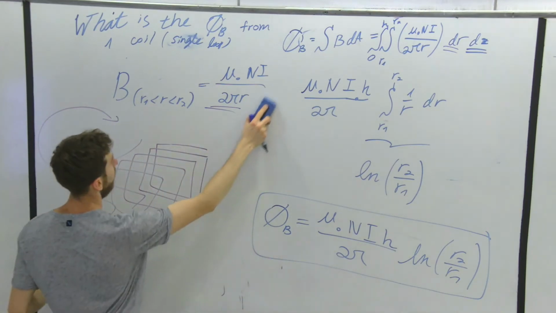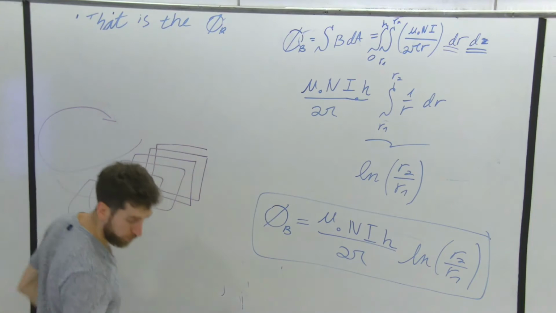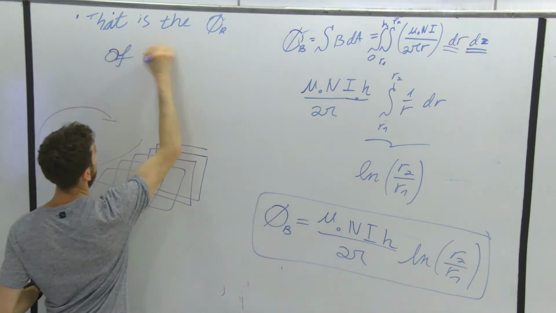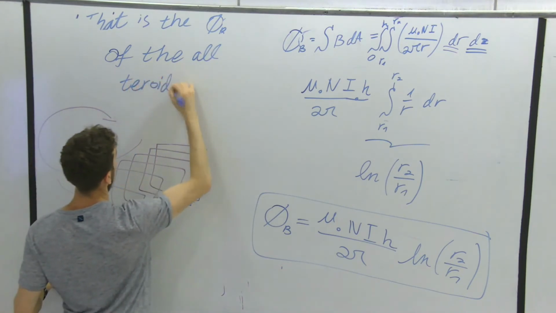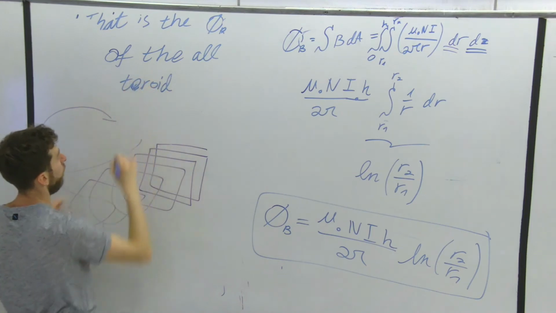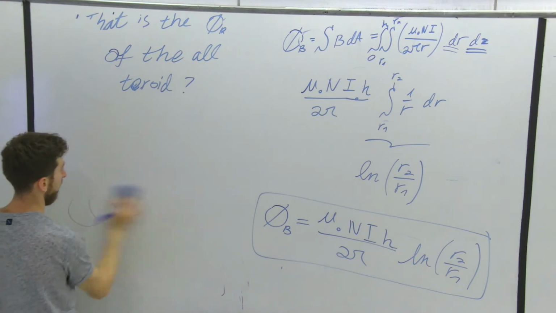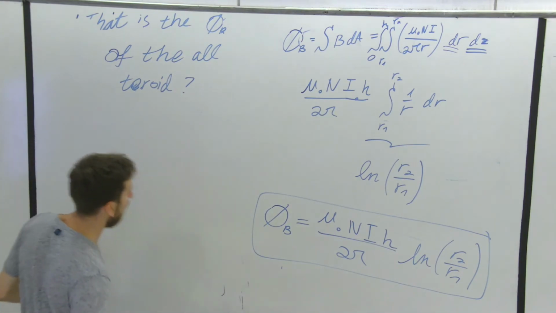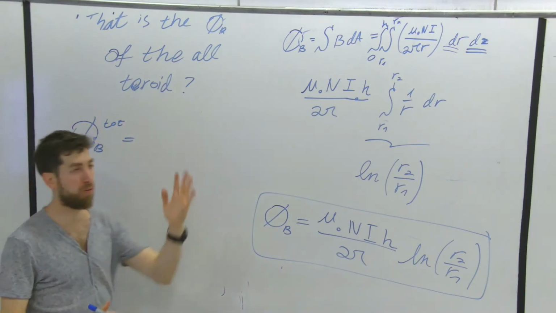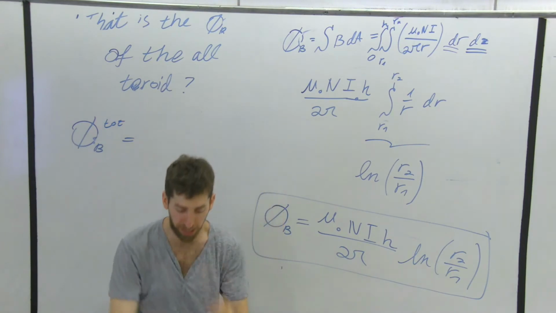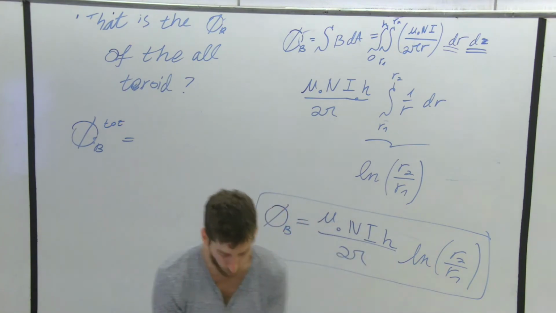So let's do it. The next question is, what is the flux, the same question, of the whole toroid? In general, phi b total is the sum of all these square loops that I have: this one, this one, this one, and so on, surrounding. That's the idea of the toroid.